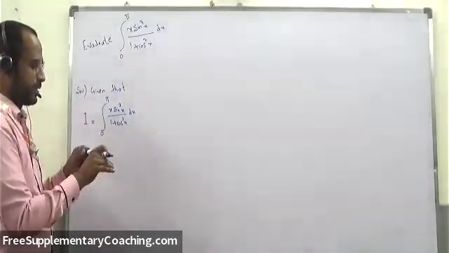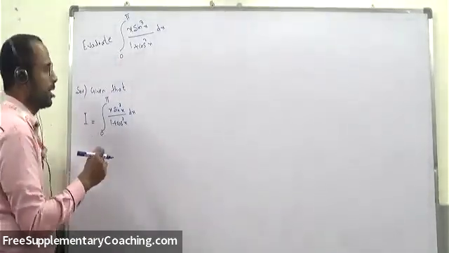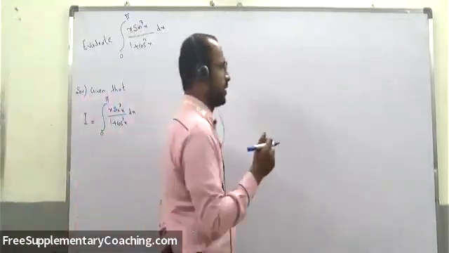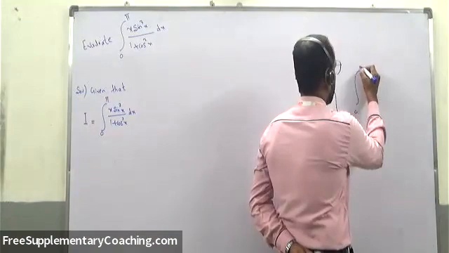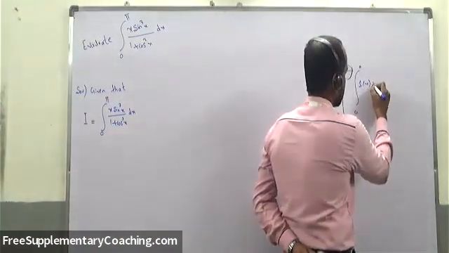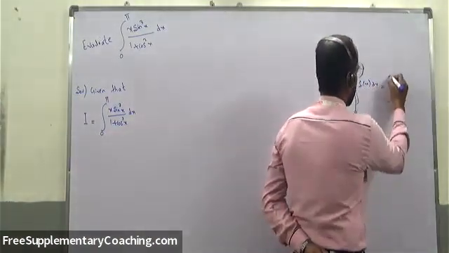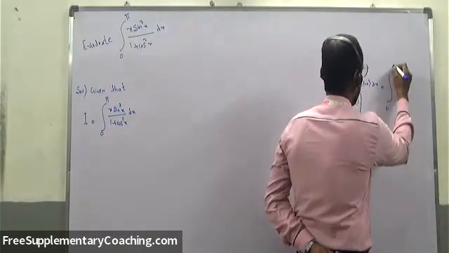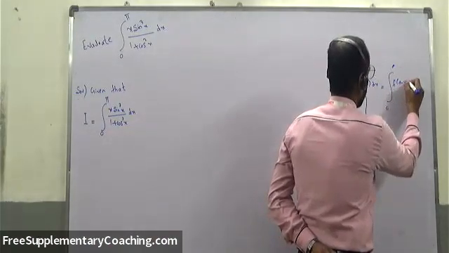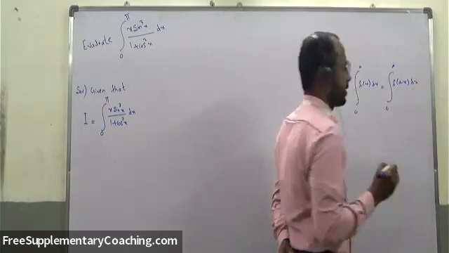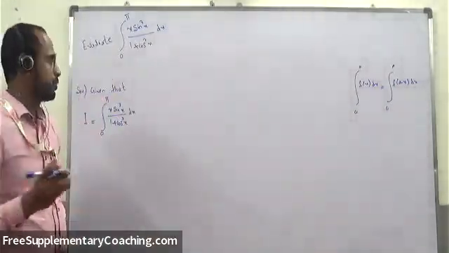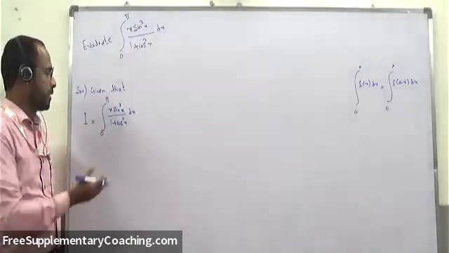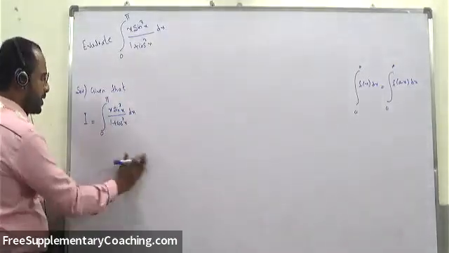What is that? Look here. Yesterday also I have written, for example, if you have 0 to a f of x into dx, you can write the integral 0 to a f of a minus x into dx. So here I'm applying that King's rule to the particular function given to us. Let's see what we are getting.